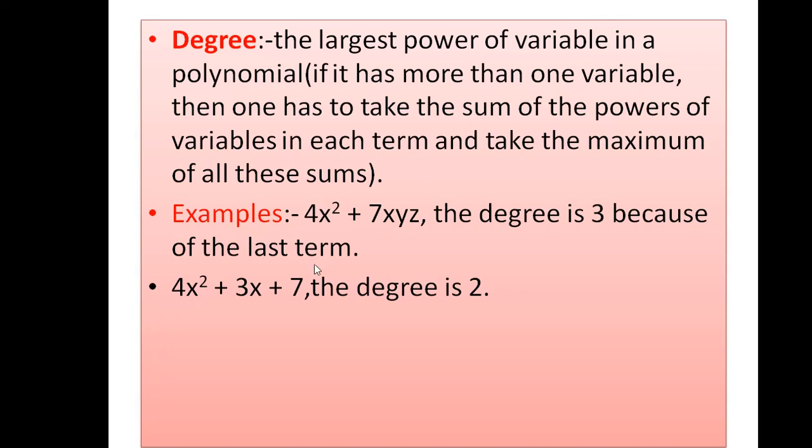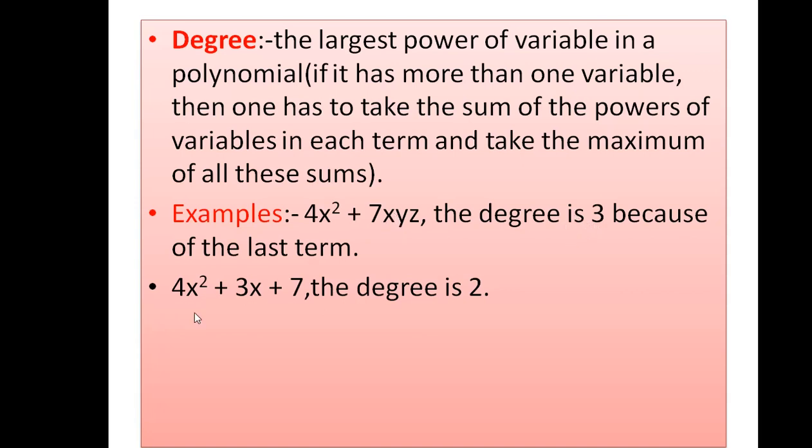So these three together form one term. So that sum you have to take, 1 plus 1 plus 1. So 3 is the degree of this term. That highest degree is going to be the degree of the polynomial. So here the degree is 3.